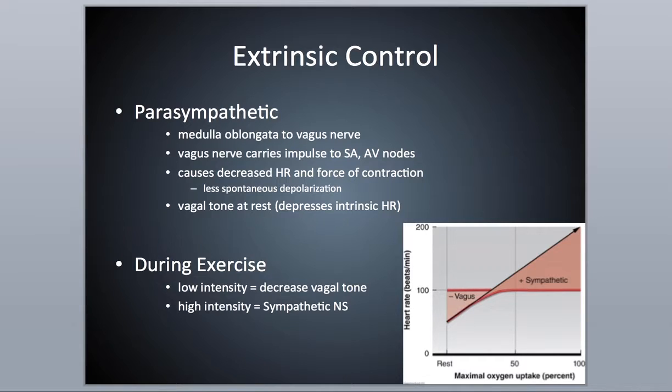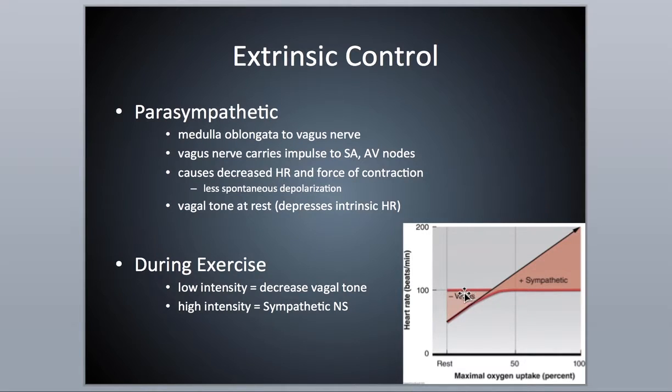Now, the extrinsic control, this is where we're going to have the parasympathetic and sympathetic responses. Internally, the heart has its own intrinsic system of regulating the heart rate, and it's usually around 100 beats per minute.